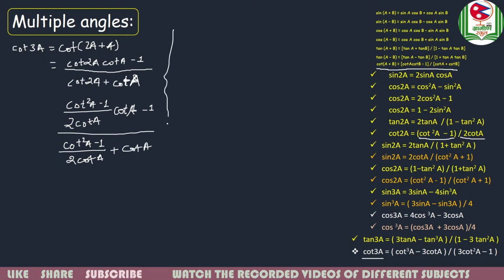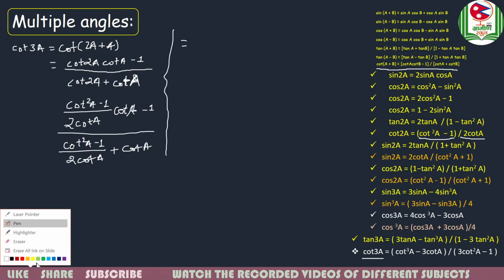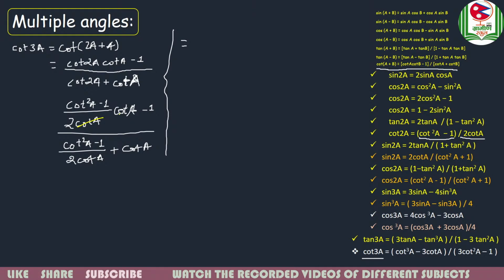Okay, so let's simplify it further. So what we will get, this cot A and this cot A is cancelled out, and here there is nothing to be cancelled. So what we will write here, cot square A minus 1 and minus 2. This is going to be cot square A minus 1, and this one is going to be minus 2, and this is divided by 2.